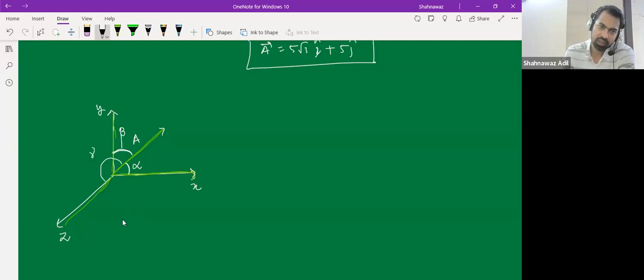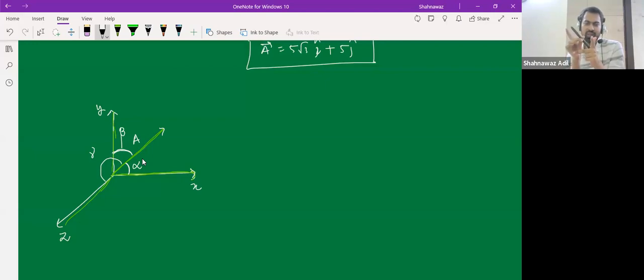It may appear that alpha plus beta is 90, but it is not, because you have these x, y, and z coordinates and a vector like this.